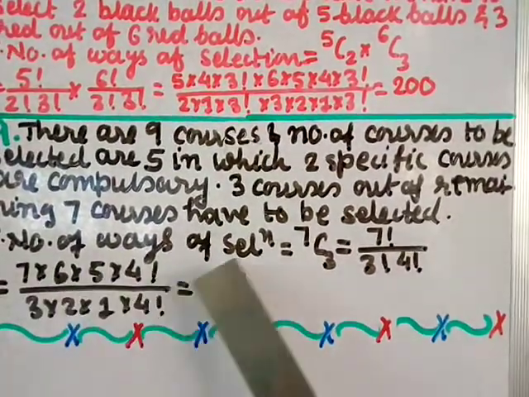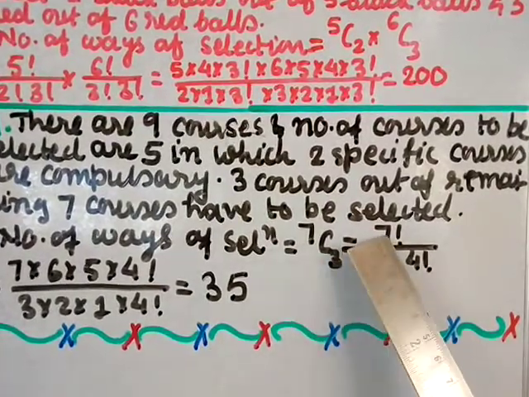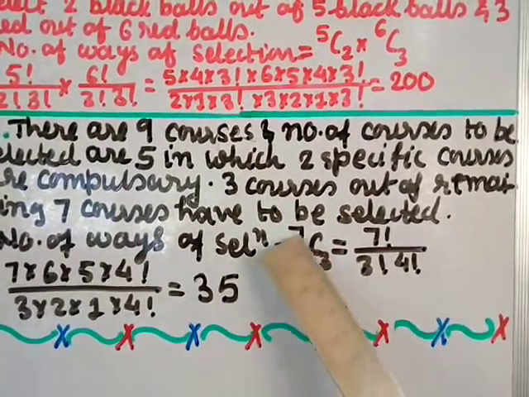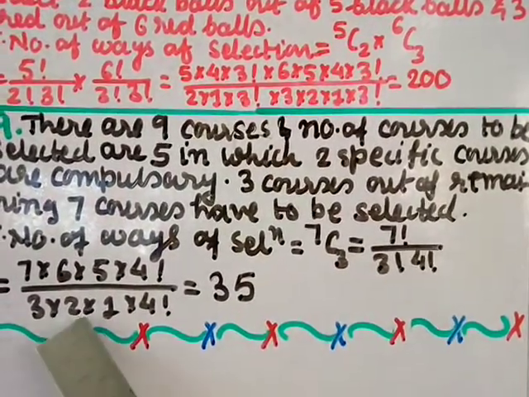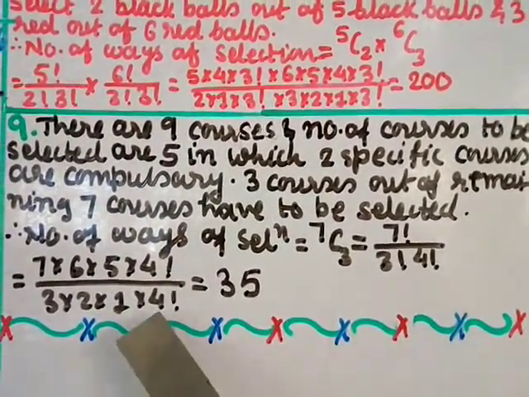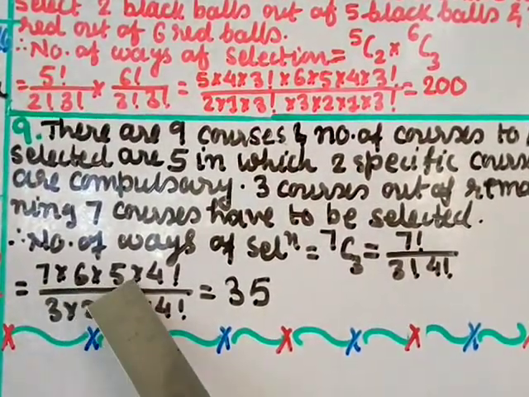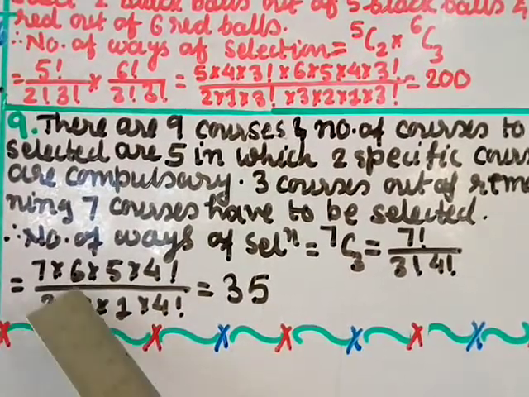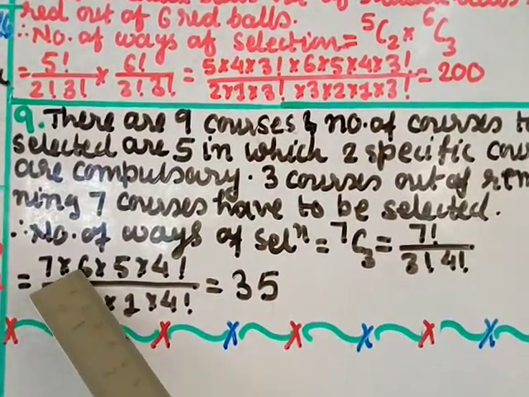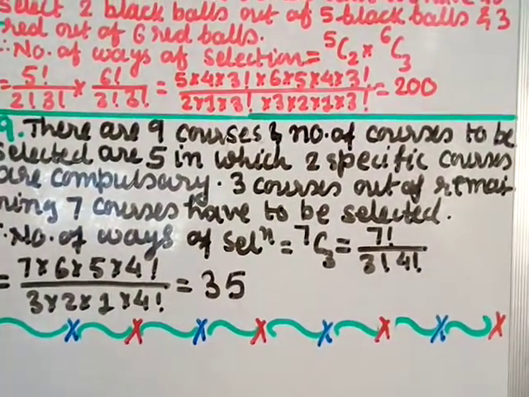Therefore, the number of ways of selection will be 7C3, the formula is 7 factorial divided by 3 factorial into 7 minus 3, that is 4 factorial. Now 3 factorial can be written as 3 into 2 into 1, and 4 factorial I just keep as it is. And 7 factorial I can write as 7 into 6 into 5 into 4 factorial. This 4 factorial you cut, then you can cut this 3 into 2, 6, cut this 6. So 7 into 5 gives you 35. So that is the answer for question number 9.